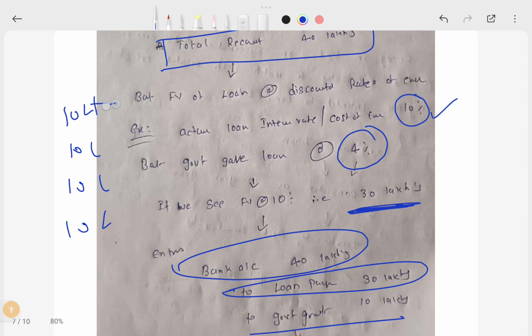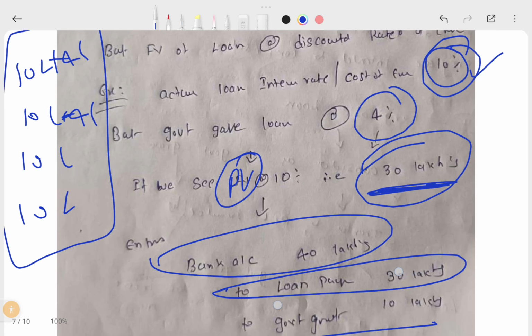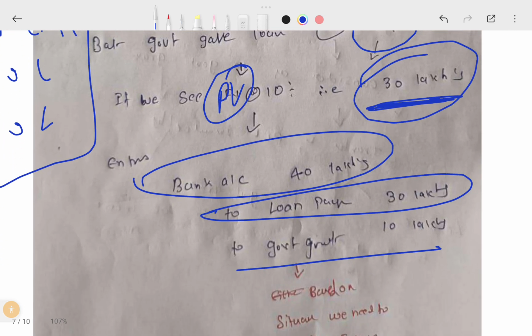This is how, they didn't mention any interest. 10 lakhs plus 4% interest on 40 lakhs in year 1, 30 lakhs in year 2, 20 lakhs in year 3, 10 lakhs in year 4. So based on this payment schedule, if you calculate the present value at 10%, your value is coming 30 lakhs. In this situation, the actual loan is 30 lakhs only, the balance 10 lakhs is government grant.